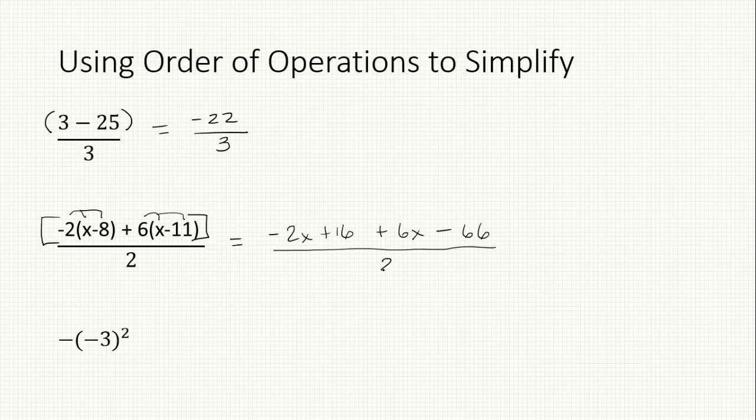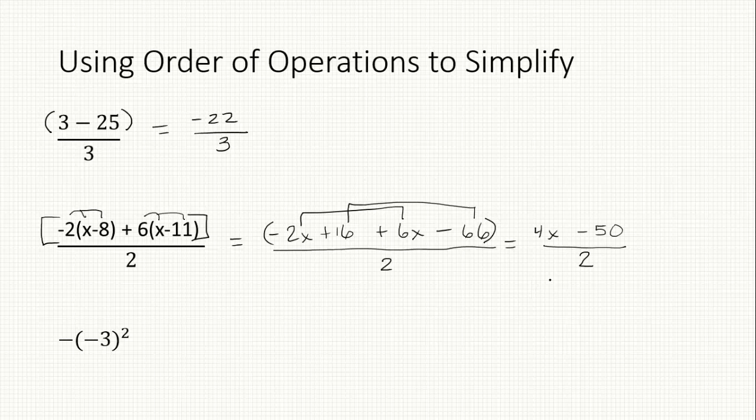All of that still divided by 2, but we do need to finish simplifying the numerator as much as possible. I've got -2x combined with 6x is 4x, and 16 minus 66 is -50 all over 2.